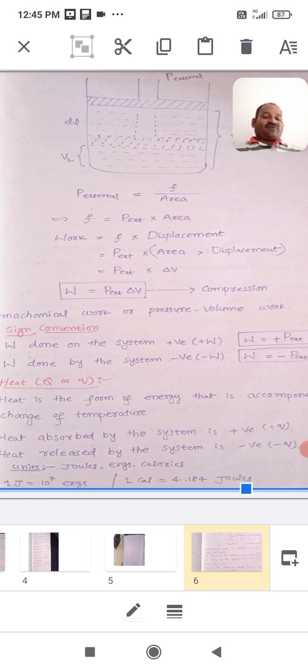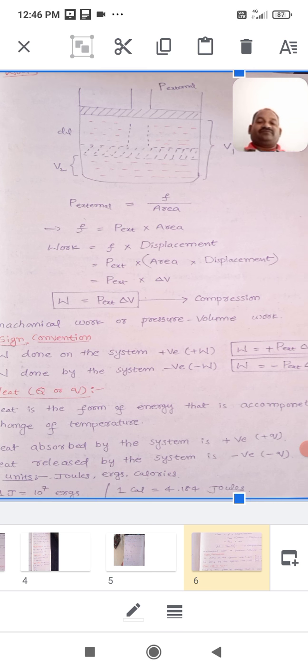Heat is the form of energy that is accompanied by change of temperature. Heat absorbed by the system is positive. Heat released by the system is negative. Units: joules, ergs, calories. 1 joule is equal to 10 to the power 7 ergs. 1 calorie is equal to 4.184 joules.